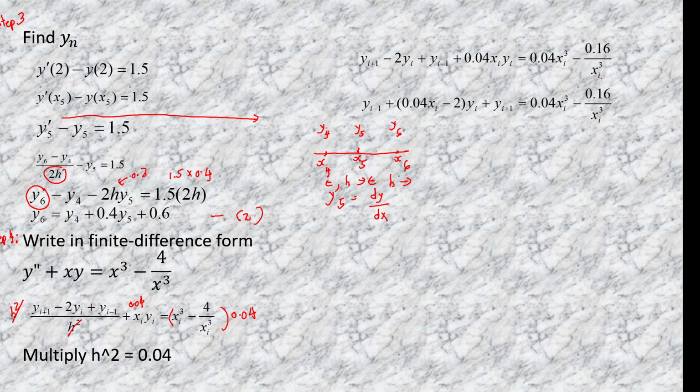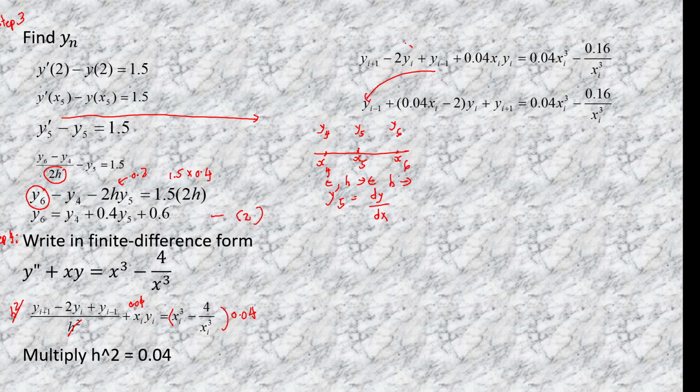so over xi cube. Later on, arrange the terms: yi minus 1 is the left point, yi the center point, and yi plus 1 the right point. The right hand side still stays the same. You collect the term yi minus 1, which is only one term.